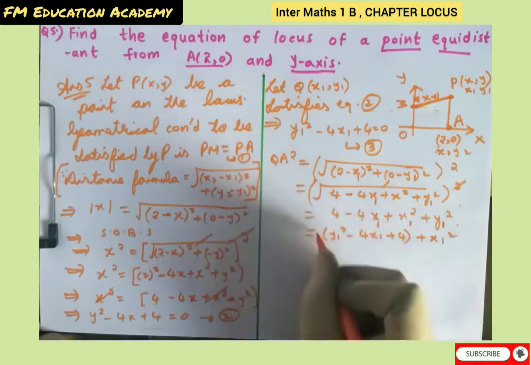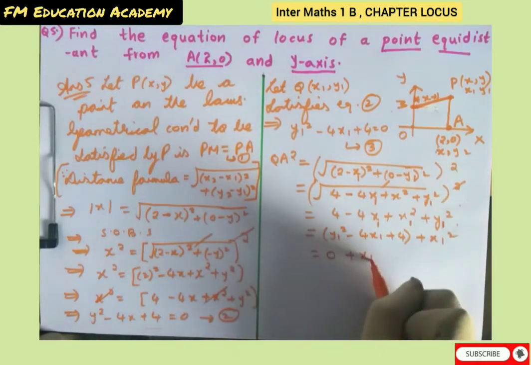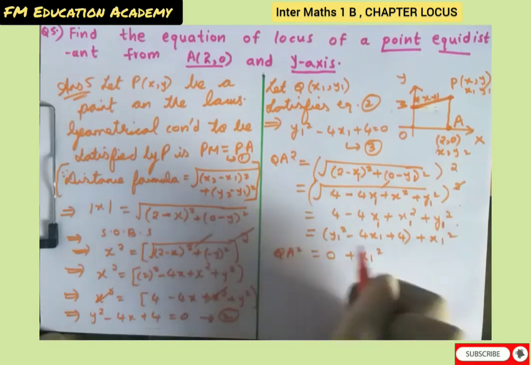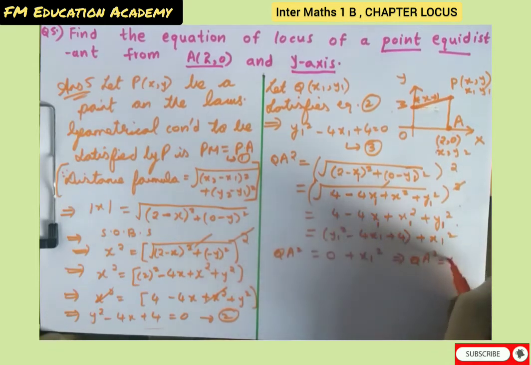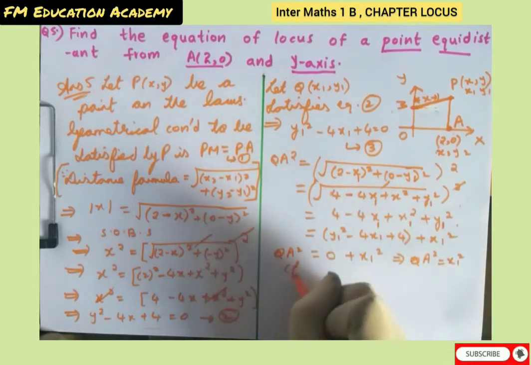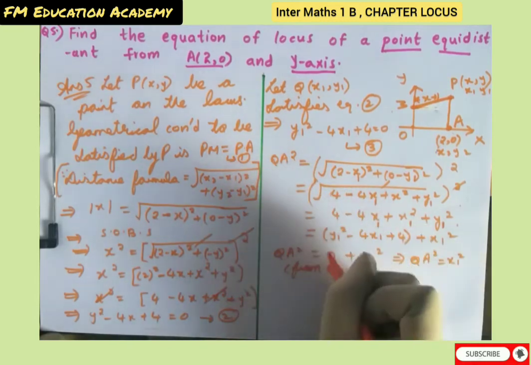We know y1 square minus 4x1 plus 4 is 0 from equation 3. So QA square is equals to x1 square.